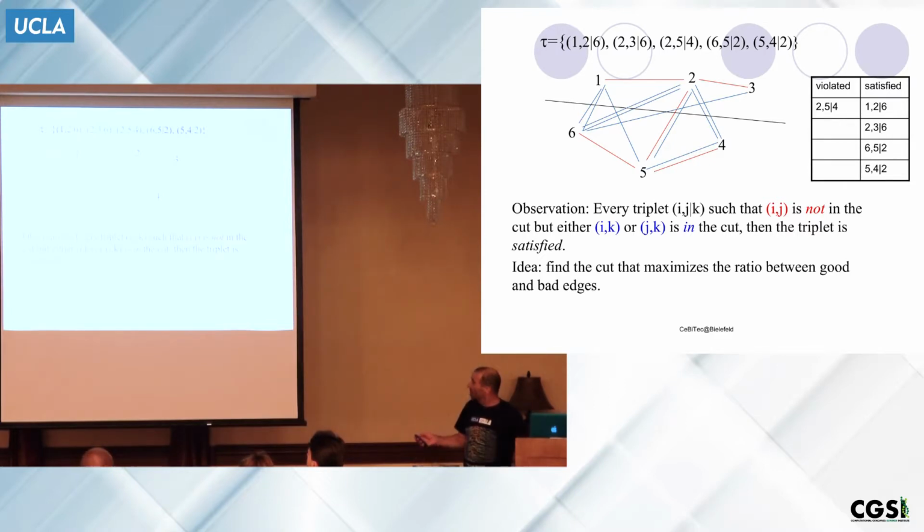Now, observation. Every triplet ijk such that i and j are not in the cut, but either ik or jk is in the cut, then this triplet is satisfied. So instead of just counting how many triplets are violated, which is local, we now have a more inclusive criterion that counts also how many triplets are satisfied. So, the idea: find a cut that maximizes the ratio between good and bad edges.